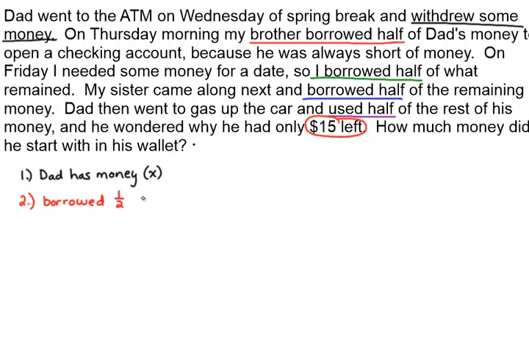What I like to do is write it like this: I subtracted half of my money, and then I draw a box. The brother borrowed half of it, and half of it remained.